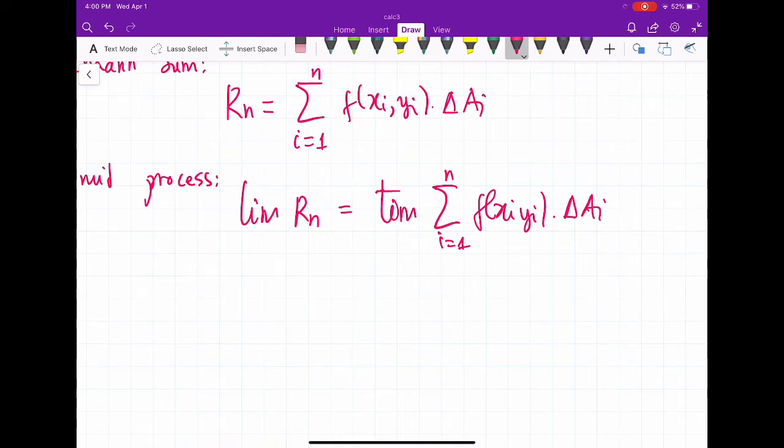So you may do a limit when n approaches infinity, right? In case all delta Ai are the same. Or in general, for each partition you have the maximum of delta Ai, and this maximum area just approaches 0. Makes sense?